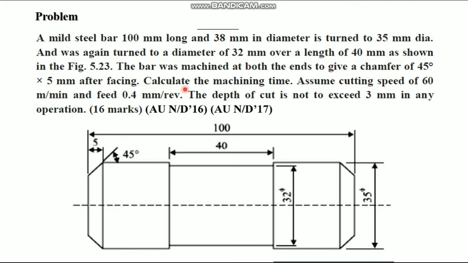Calculate the machining time. Assume cutting speed of 60 meter per minute and feed 0.4 mm per revolution. Depth of cut is 3 mm. It is an important question. This is the part we want to make. So you can see the solution.